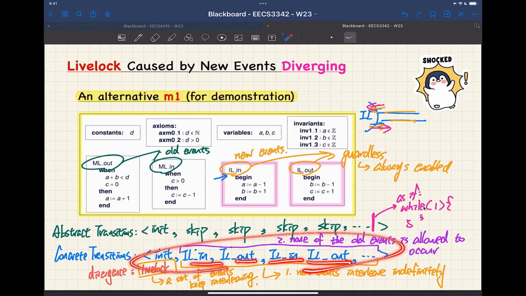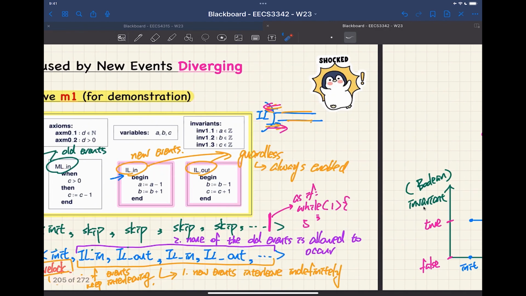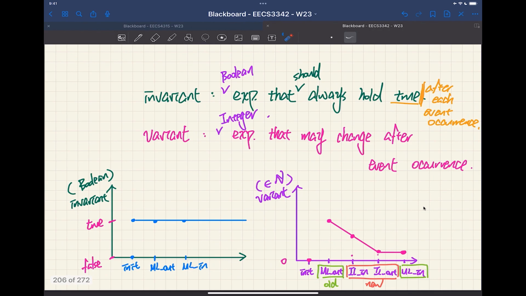That wouldn't be recommended because given another model, you may not be able to come up with such a trace, whereas the model itself may really diverge. The more systematic way is to have the variant, which is a way to measure the occurrence of the new events. I sketched the idea over here. Think about this part as the occurrences of all the events over time.